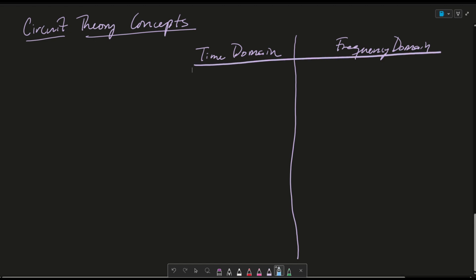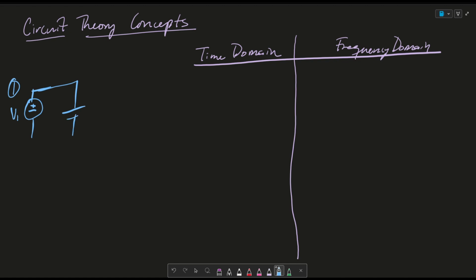Let's consider our first example. Imagine you have a voltage, it could be a sinusoid, V1, going into a capacitor, C1, and there's a current, I1, flowing through it. Let's write some equations in the time domain about this circuit.